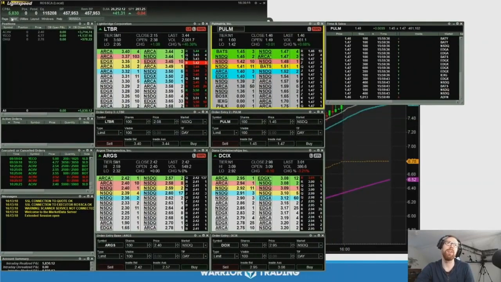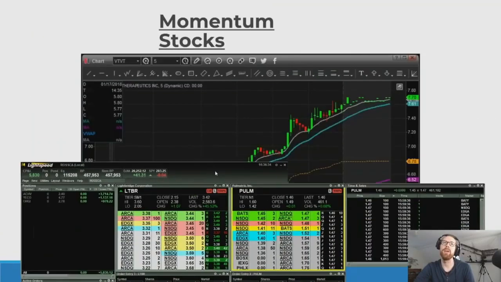I finished the day up $5,830.12 trading momentum stocks. That right there shows you the potential of these stocks. Every single day we're seeing these opportunities. In the last 15 days, I've made over $85,000 trading these types of stocks. So we'll look at the level 2 here, and I'll show you how I find my entries.